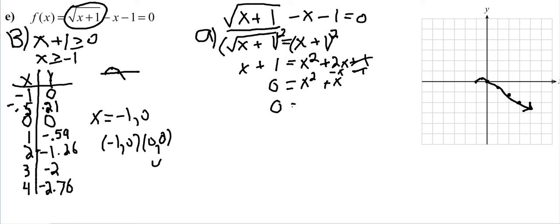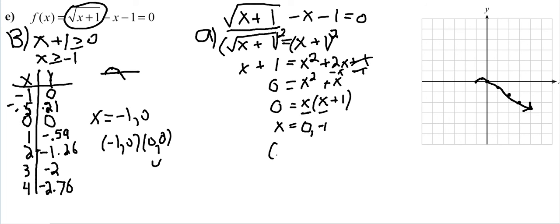Now, I don't know if you noticed this, but what you've got to do is factor out the x. So now we have x times x plus 1, and we're trying to make this equal 0. So first when x is 0, the whole equation equals 0 because you're multiplying, or to make the 1 turn into 0, you're going to turn x into negative 1 here.